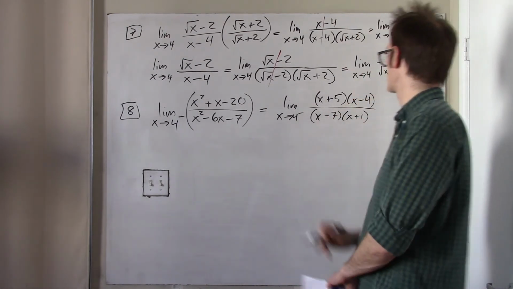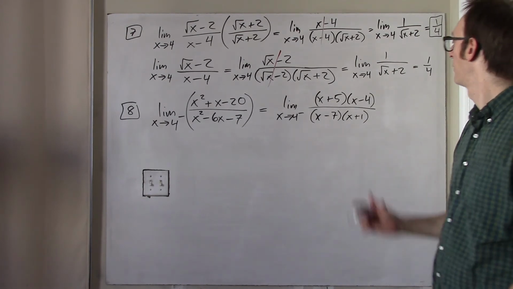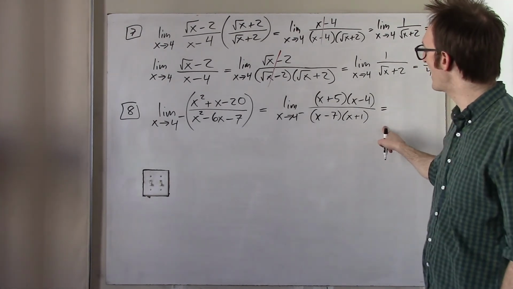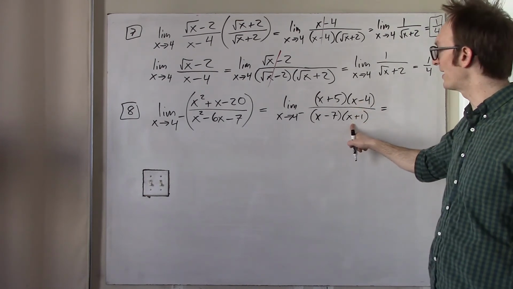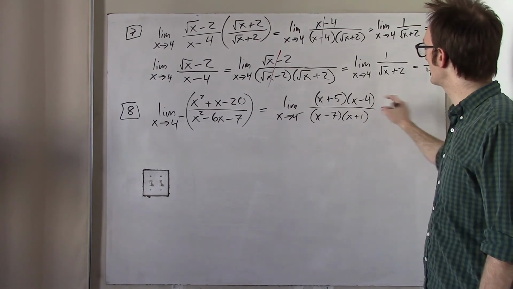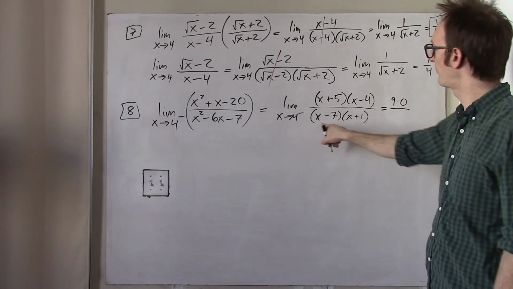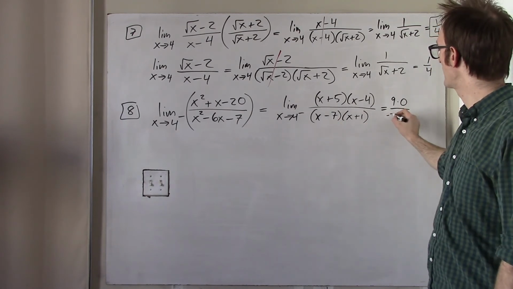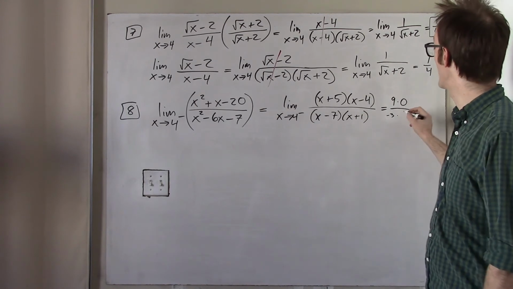x squared minus 6x minus 7, yeah. Okay, but now what happens when I plug in 4? Well, when I plug in 4 now, I just get a 0 up top, and I just don't get a 0 on the bottom. So when x is approximately 4, this is pretty much like 9 times pretty much 0 over, what's down here? Pretty much negative 3 times pretty much 5.